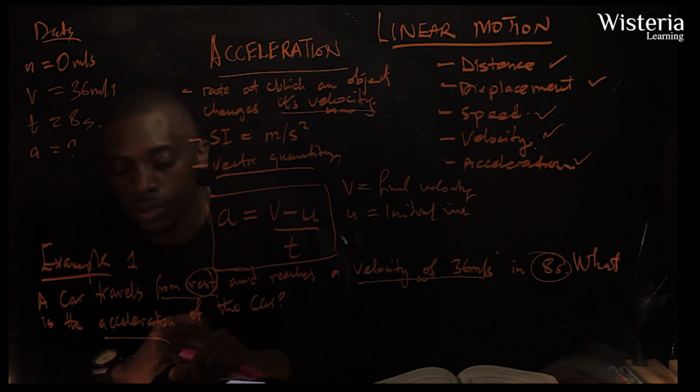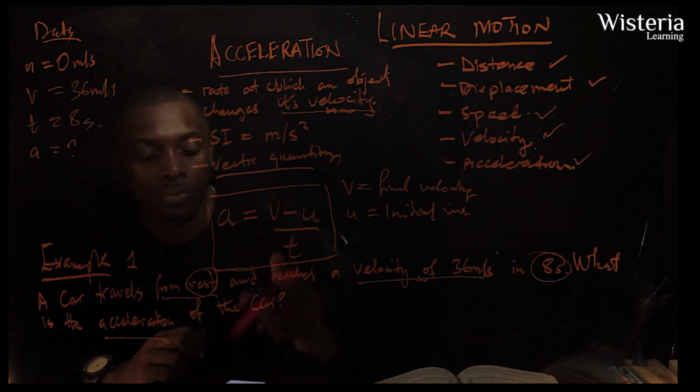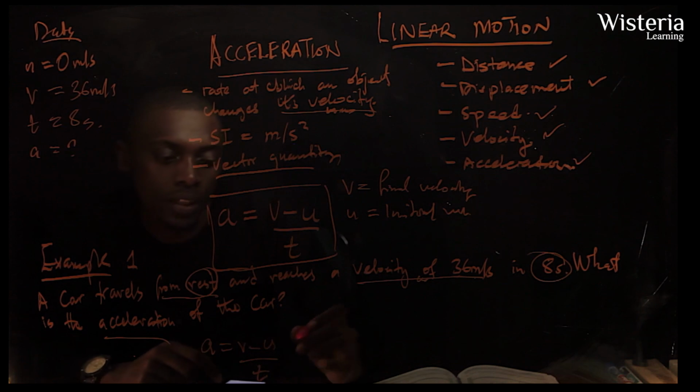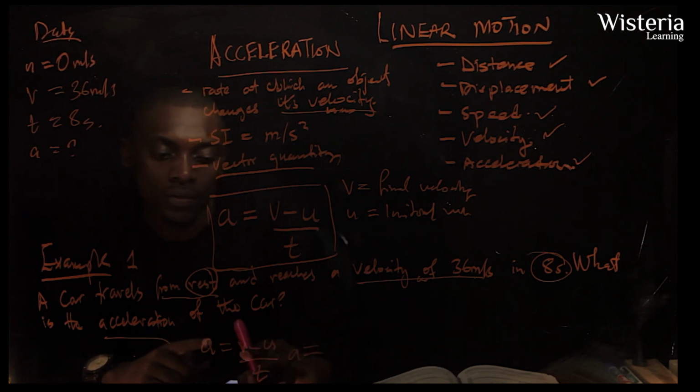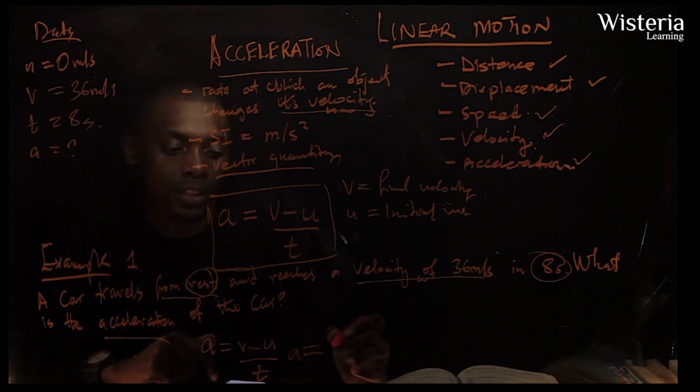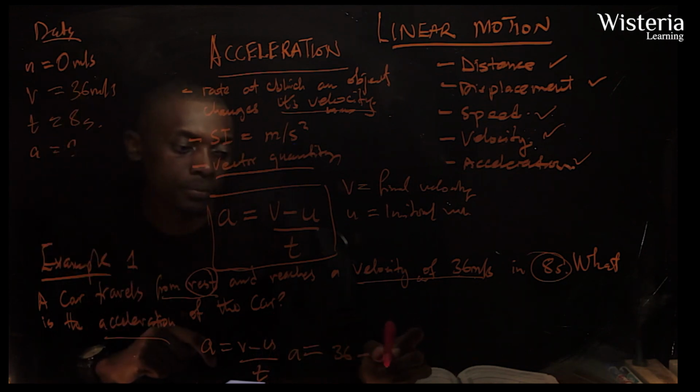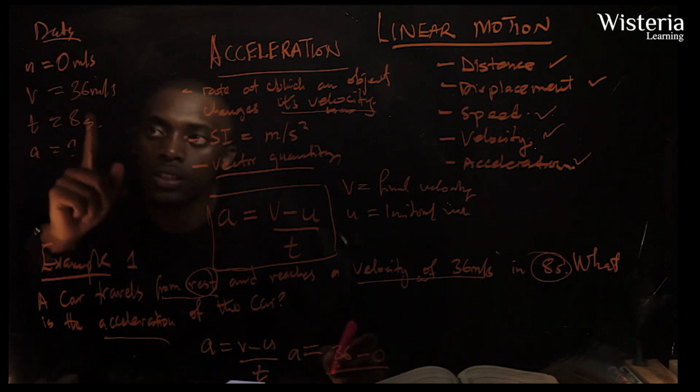Now, in order to calculate for acceleration, we put our formula, and then we just substitute. Our acceleration is, for the final velocity, 36. Then the initial velocity is 0. And the time taken to change was 8.